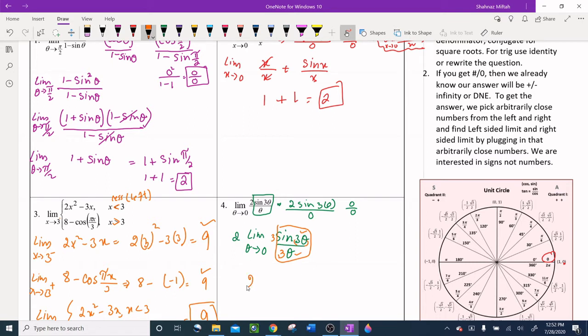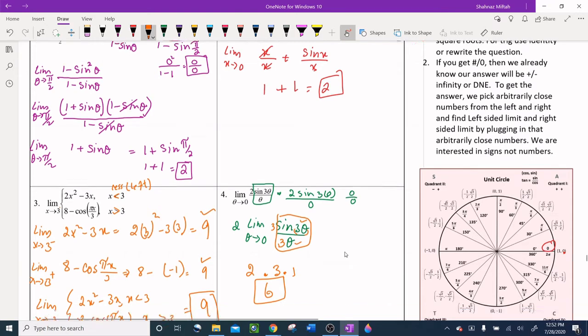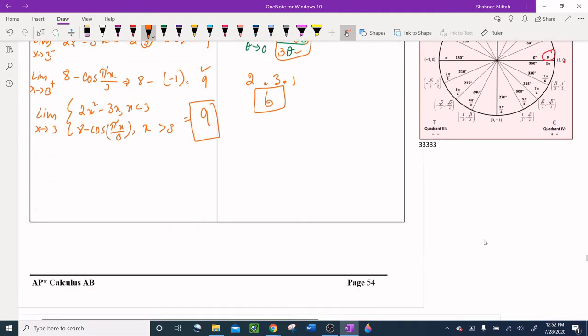That 2 is going to stay as a 2 times this whole thing, limit as theta approaches 0, and this whole thing is going to give me 3 times 1, so that's going to give me 6. So it's kind of easy once you do the practice, you will see it's going to go really well.